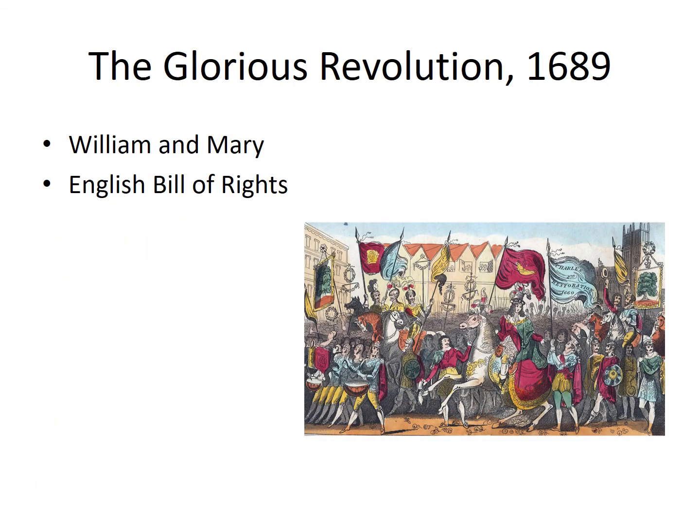The Glorious Revolution, 1688 to 1689, is where James II ultimately is overthrown without any blood being shed at all. That's why we call it the Glorious Revolution.